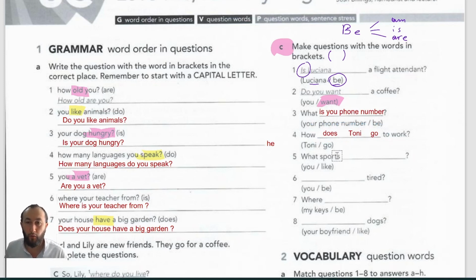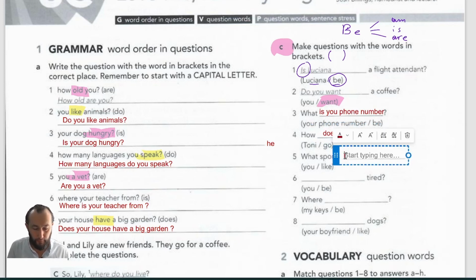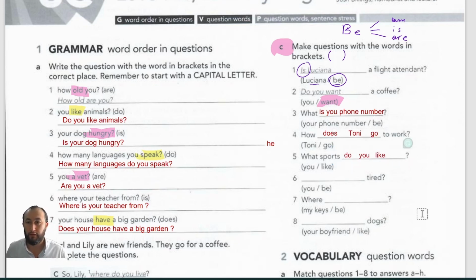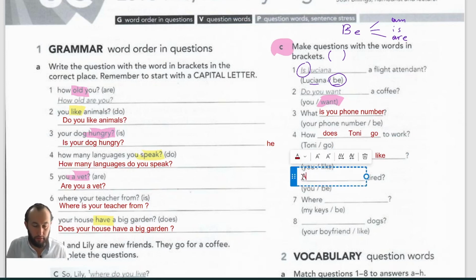And number 5, what sports you like? Obviously, like, it's a verb. So do you like? What sports do you like? Number 6, you, be. So be, am, is, are. For you, we use are. So we're going to use here are.